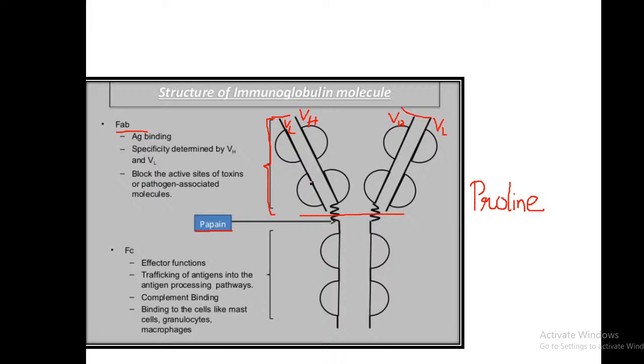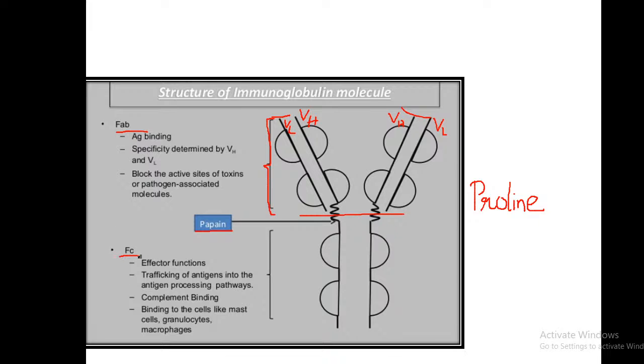The difference between antigen and immunogen is that immunogen can elicit a complete immune response, but antigen can of course produce a few antibodies, but it cannot elicit a complete cellular response. So immunogen elicits a perfect immune response in an organism. So FAB is the antigen or immunogen binding site.